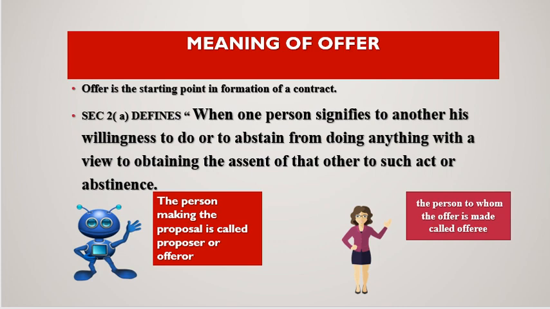In the first case, A makes an offer to B, I want to sell my bike for rupees 50,000, so he wanted to get the acceptance from B. In the second case, the abstinence, he makes an offer to his creditor not to sue him; he will pay the borrowed amount at 8% interest instead of 6%. The person who makes the proposal is called the proposer or offerer. The person to whom the offer is made we call the offeree.